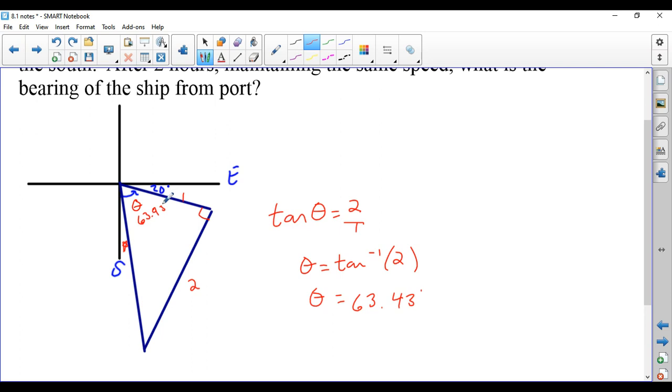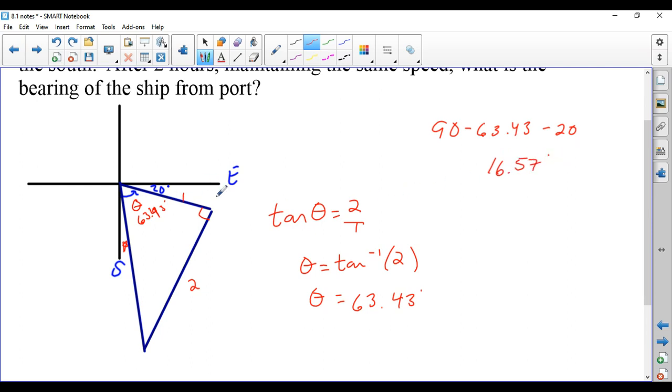Now, it becomes a little bit of a puzzle at this point. We have to figure out what the missing angle here is. In this case, we knew we had 20 degrees above, 63.43 inside the triangle. So that angle that's left near the south line is going to be 90 minus 63.43 minus 20. That angle is going to be 16.57 degrees.